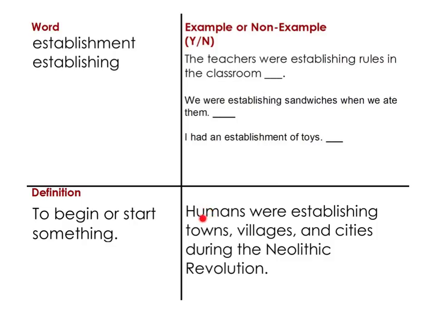Let's read the sentence together. Humans were establishing towns, villages, and cities during the Neolithic Revolution. For this part, I'll read the example or non-example. The teachers were establishing rules in the classroom.